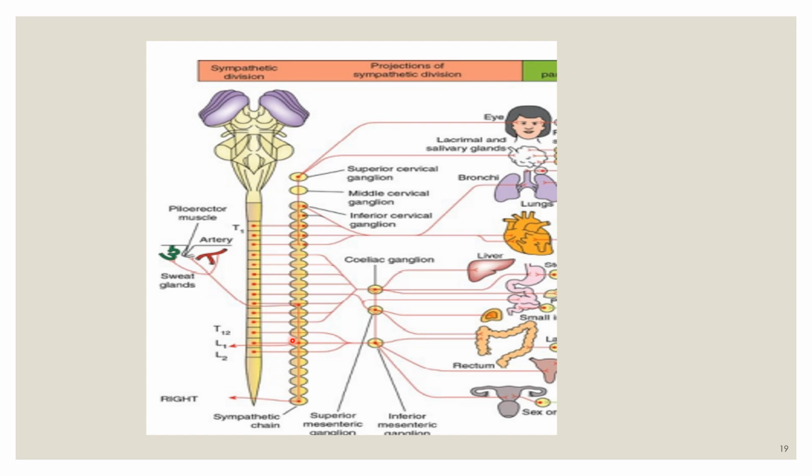And they may stimulate the adjacent viscera also. For example, fibers for the gut travel through the plexuses surrounding the branches of the celiac artery, superior mesenteric artery, and inferior mesenteric artery.